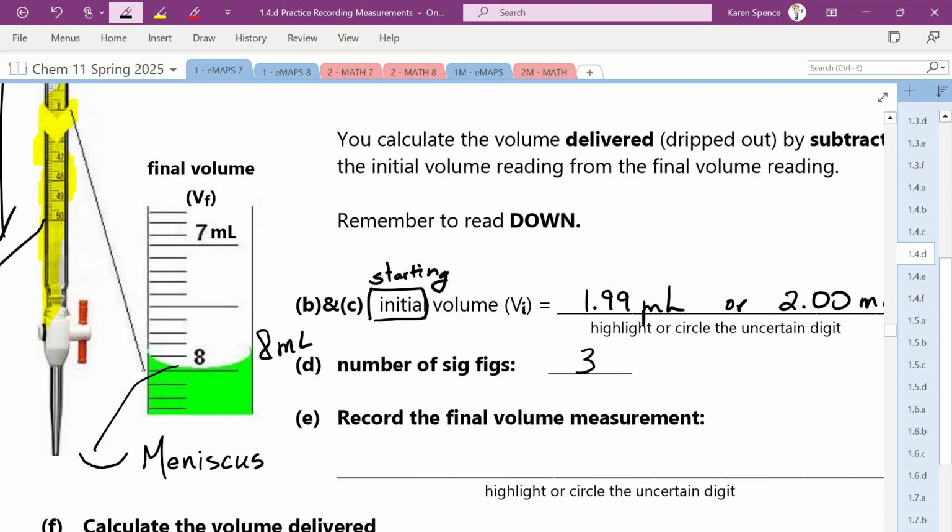Okay, so that is a meniscus. And you always read at the bottom of the meniscus.